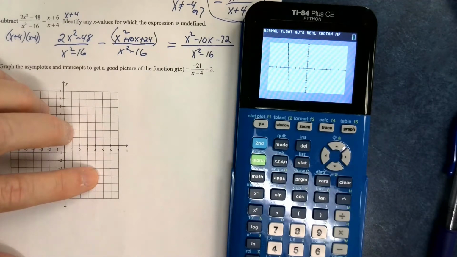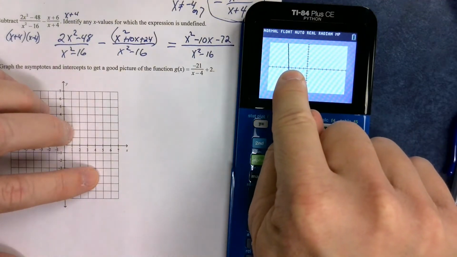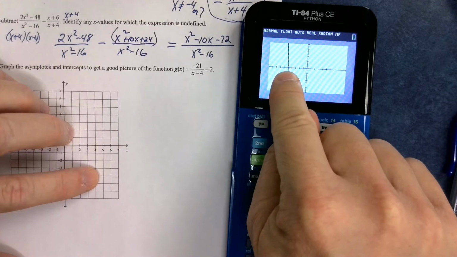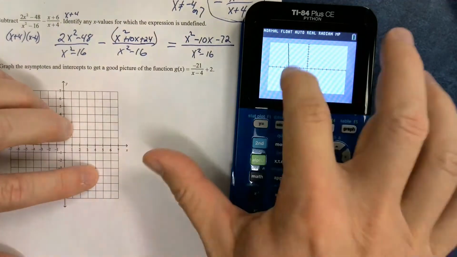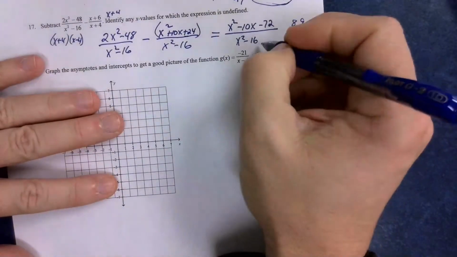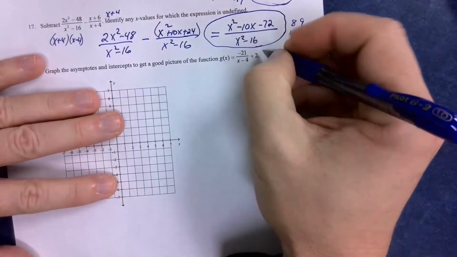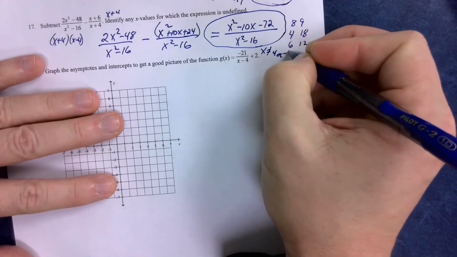You can see that it goes through between tick marks, not through an actual tick mark. That means it's not nicely factorable. It still could be if there was a coefficient on the x squared, but that makes it pretty obvious. That's not factorable. So my final answer is this, knowing that x cannot equal 4 or negative 4.